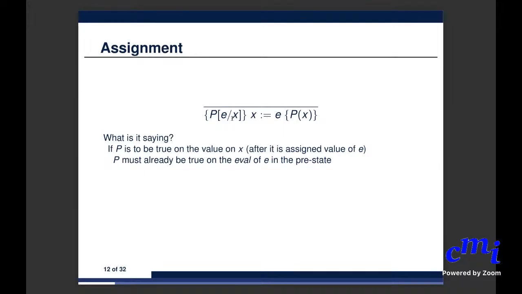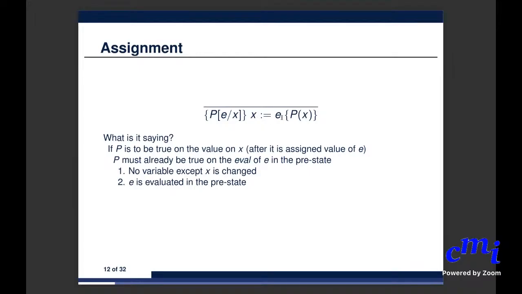So only every instance of X has to be replaced by E, which is what we were doing. Because no variable except X is changed and E is evaluated in the pre-state, those are the two key points you have to observe. So although it is kind of doing it backwards, it fits perfectly.